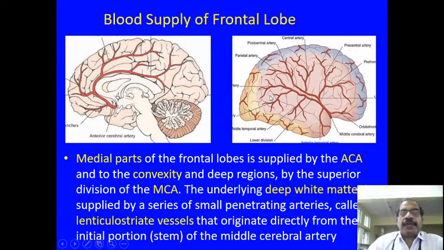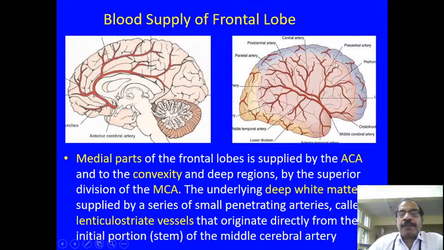So let us look at the blood supply of the frontal lobe. Basically it is dependent upon the anterior circulation, which comes from the branches of the internal carotid artery. The blood supply of the frontal lobe comes from two branches of the internal carotid. One is the anterior cerebral artery and second is the middle cerebral artery. If you look at the medial part of the frontal lobe, this is dependent upon the anterior cerebral artery.